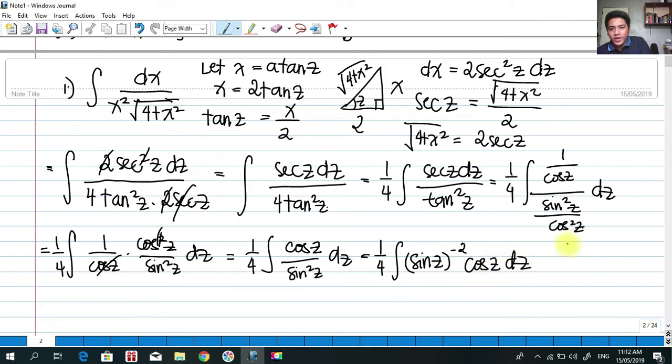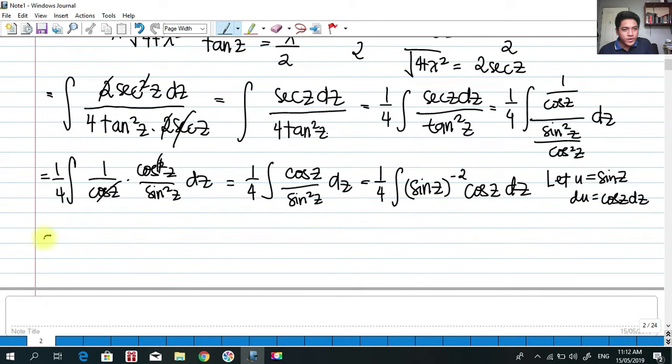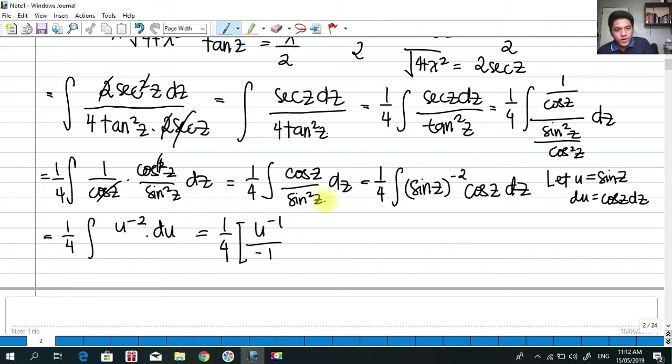So you can see here we can let u as sine z and du is cosine z dz. Okay, so we can transform that into 1/4 the integral of u raised to negative 2 du, so that we have now 1/4 u raised to negative 1 over negative 1 plus c.